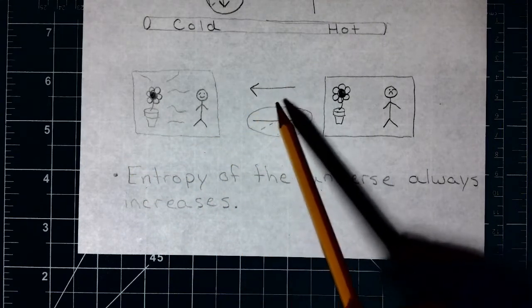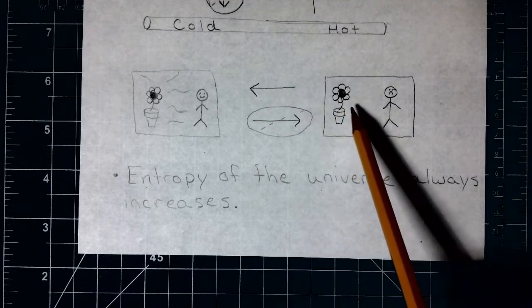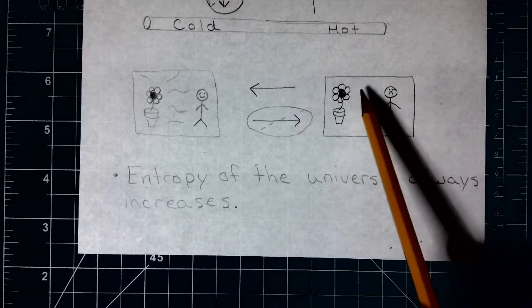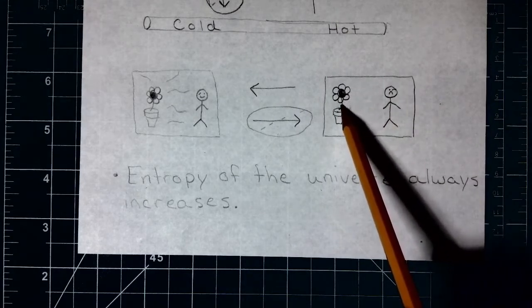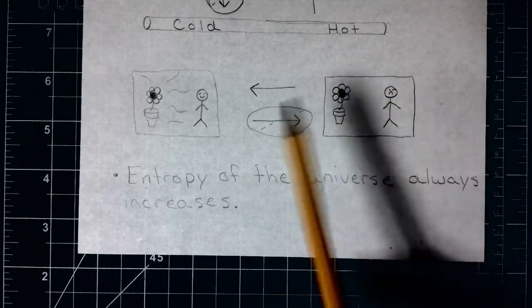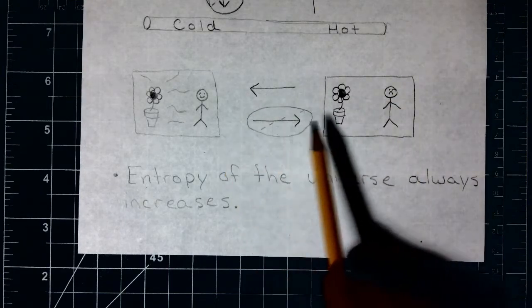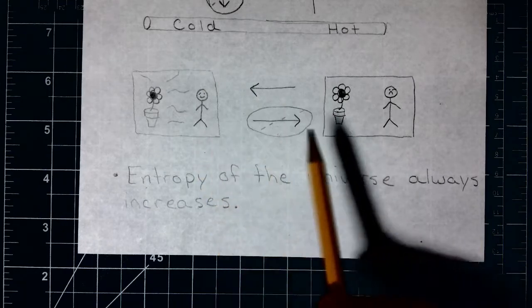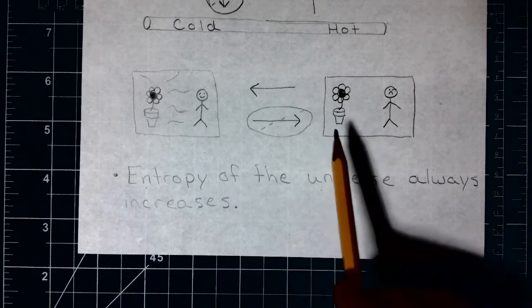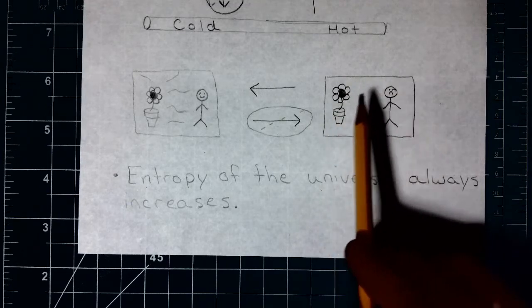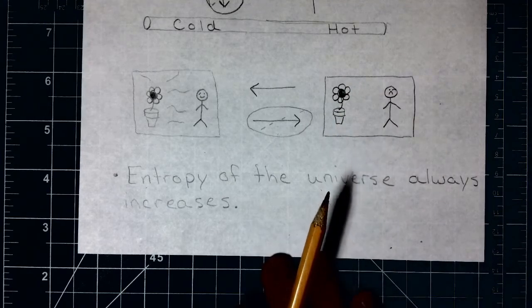What never does happen, though, is that the scent of that flower just spontaneously goes back to the flower and stays there and never spreads out, right? So that's kind of the idea behind entropy. It's that the system will always reach some sort of random statistical model where everything kind of spreads out and gets nice and even.